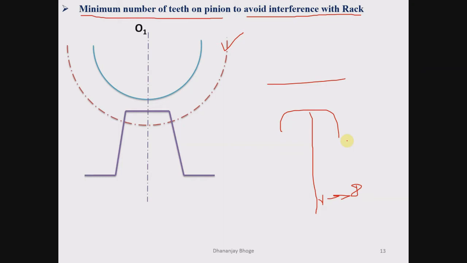So we will draw a pitch circle of a rack which is a straight line. For rack, we call this line the pitch line instead of pitch circle. So draw the pitch line.